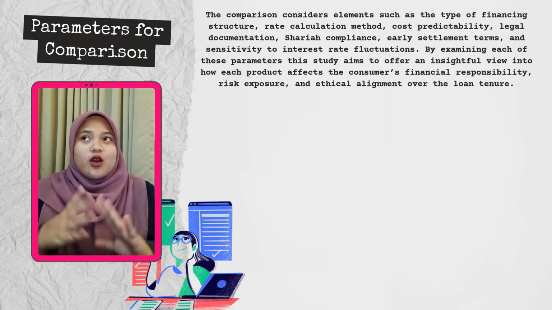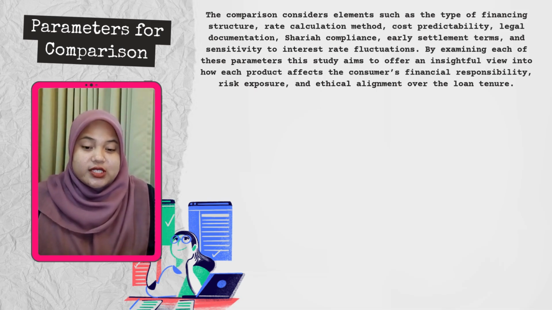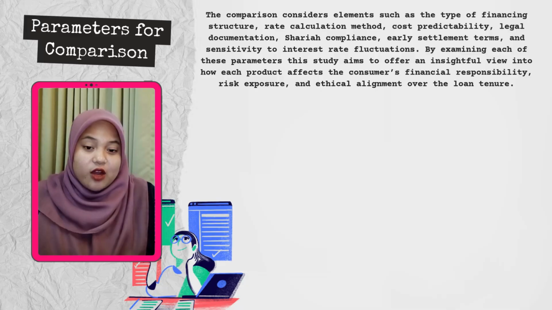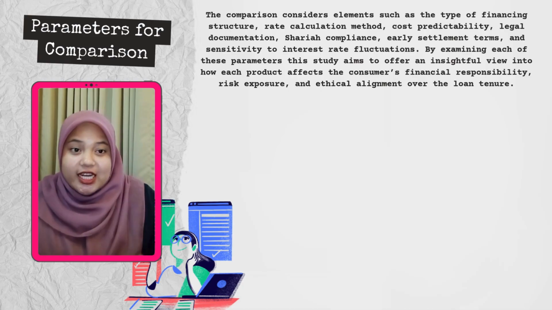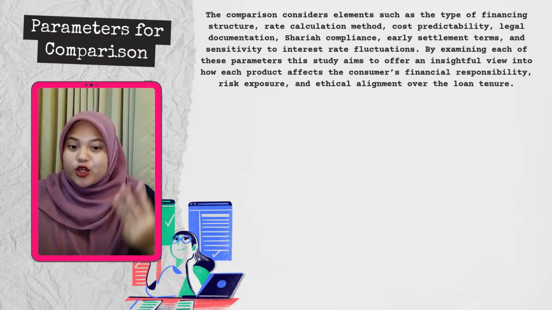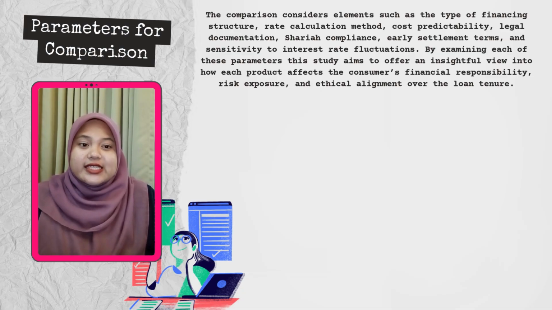Alright, before we make a comparison between the two financial products, which are the conventional and Islamic housing loans, of course we have to set the parameters of comparison. This comparison considers elements such as the type of financial structure, rate calculation method, cost predictability, legal documentation, Sharia compliance, early settlement terms, and sensitivity to interest rate fluctuations.